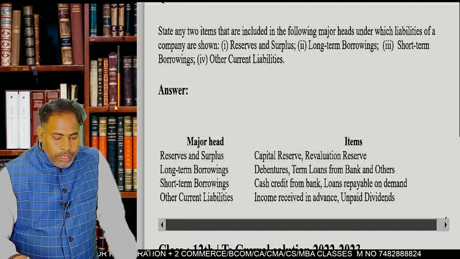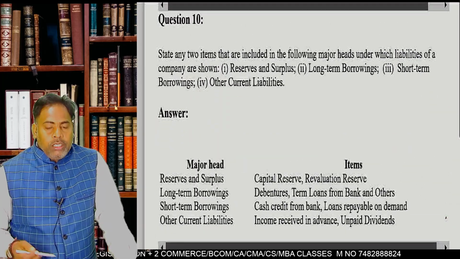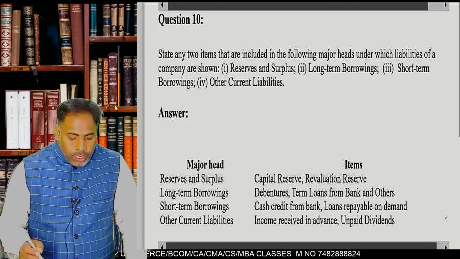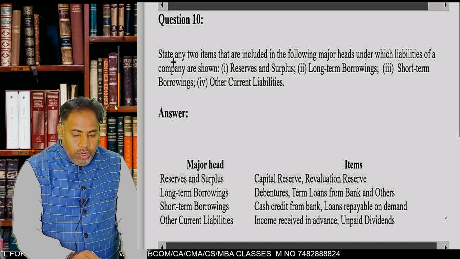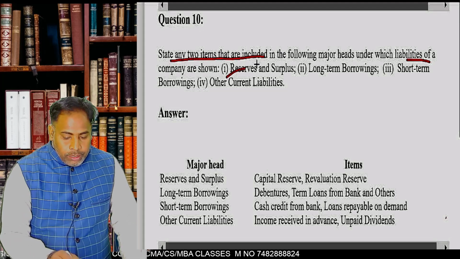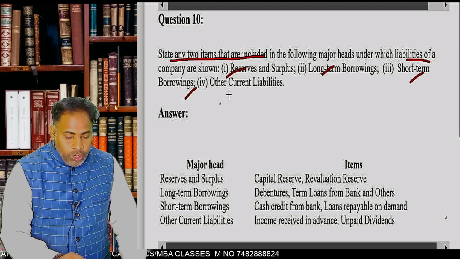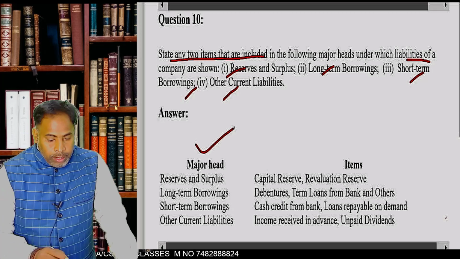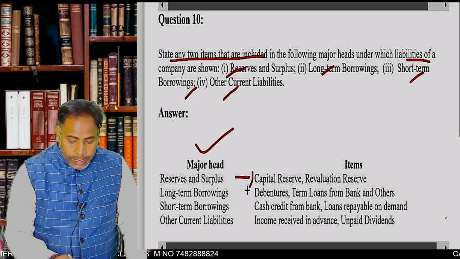Then question number 10, same thing. What is the main head and what is the item to be considered? In the statement, two items are included in the following main heads: liability, reserve and surplus, long-term borrowing, short-term borrowing, and other liability. For reserve and surplus, it will be capital reserve.